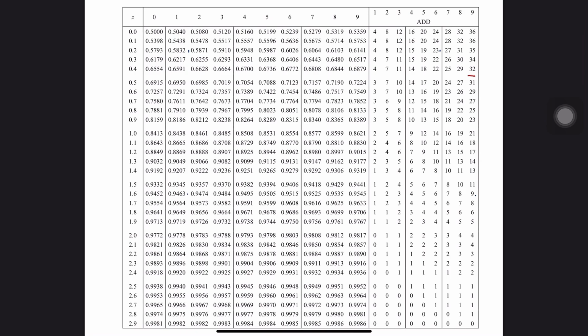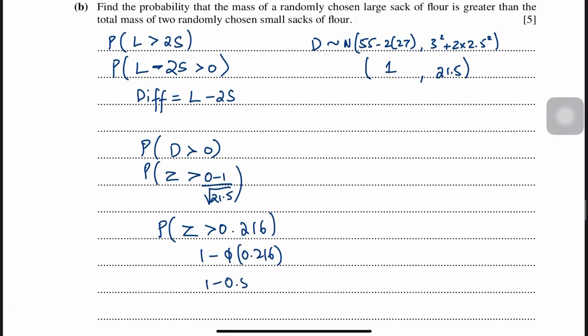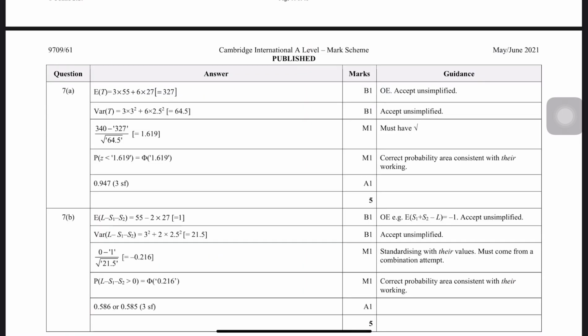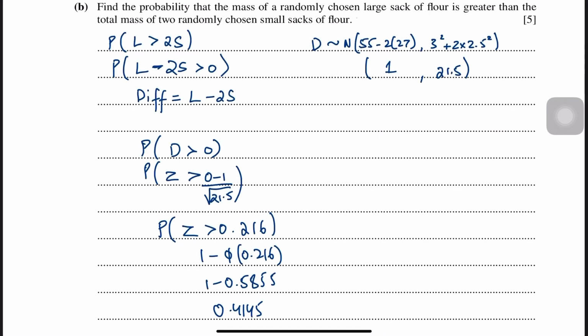So this gives me 0.5855. Let's check if I got the answers correct. This one is correct, and the first one is also correct.